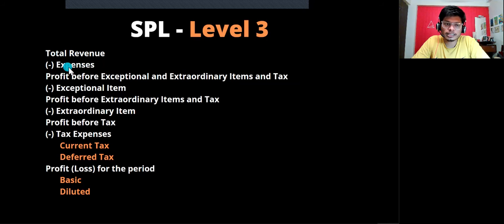So total revenue minus expenses gives profit before exceptional and extraordinary items, then you subtract the exceptional items and you get this, then extraordinary items, tax, and so on. So I hope right now that the balance sheet and profit and loss account are relatively clearer. You can go through further reference material to figure out more.